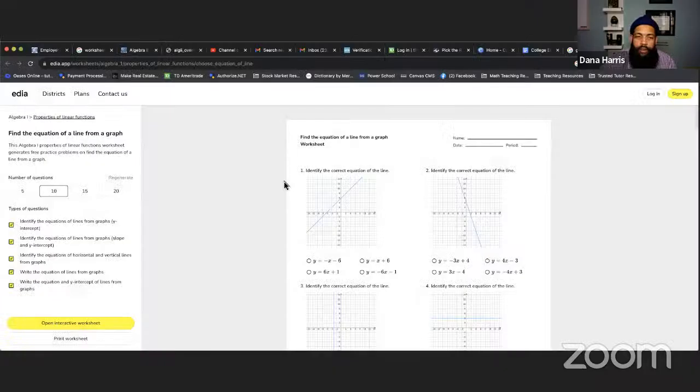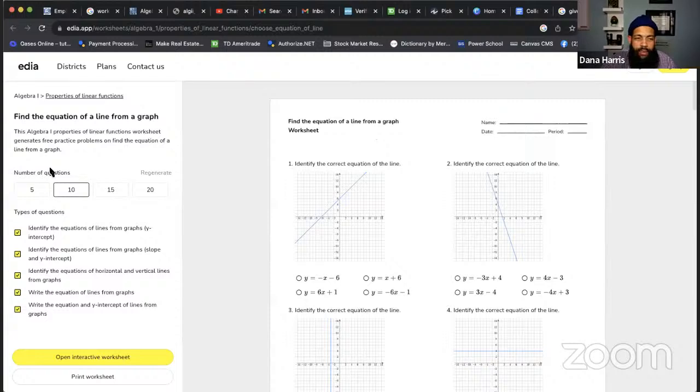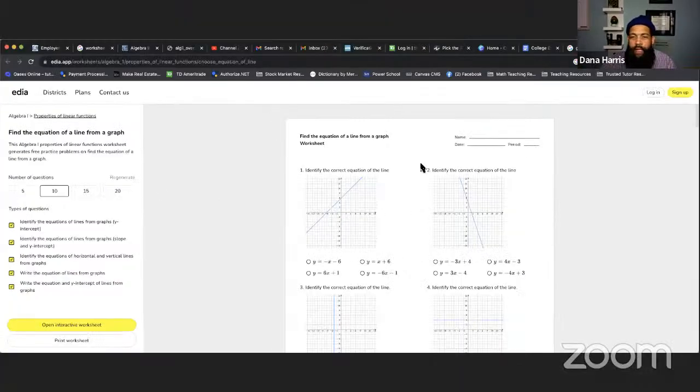All right, so I'm going to take this one from an online site, and we're going to get into it. Let me see if I can make this a little bigger. I don't think I can, but it's all good nevertheless. So as you can see, we want to identify the correct equation of the line. Right now, these are kind of small. Let me see if I can zoom in.